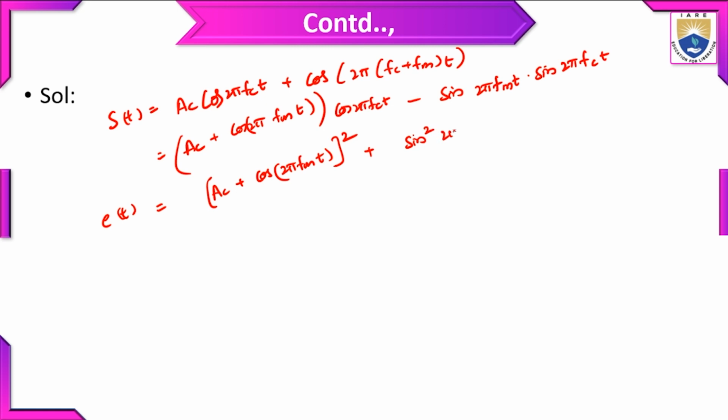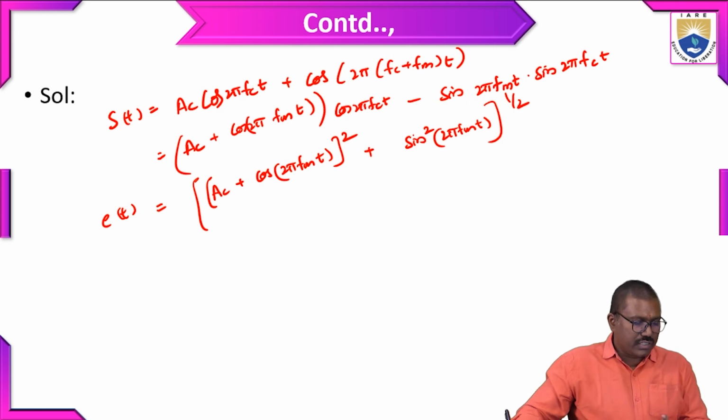So sine square 2 pi Fm t. So this is the output of the demodulator. We are considering the amplitude of this term.